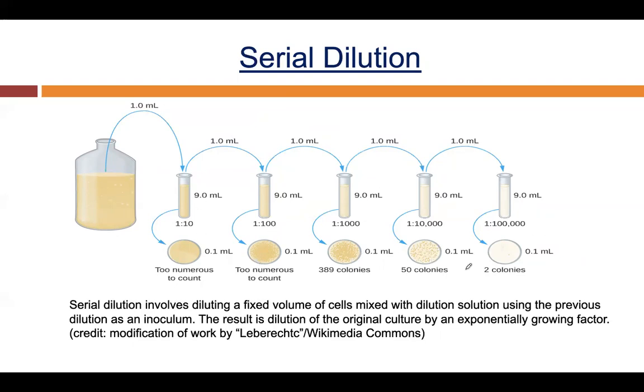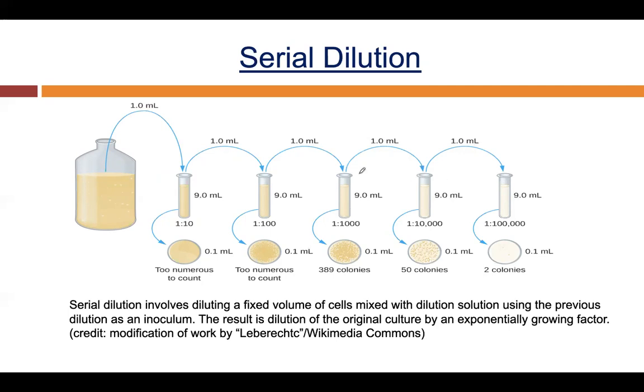So how do we do it? Based on the pollution level, maybe 3, 4, or 5 times dilution you have to do. So each tube will carry 9 ml of water. That's just distilled water to dilute.